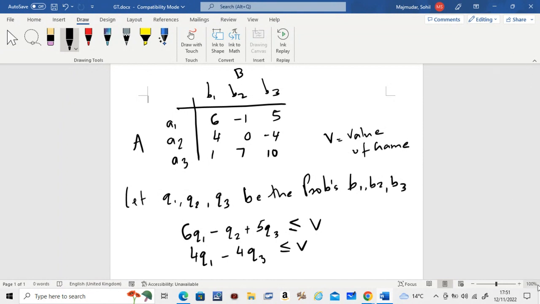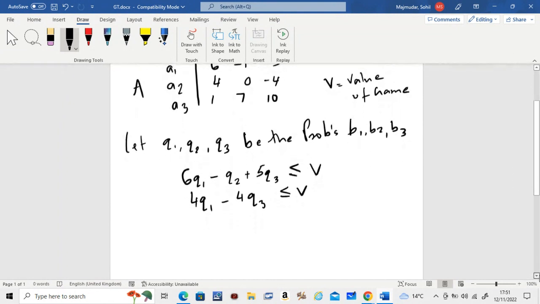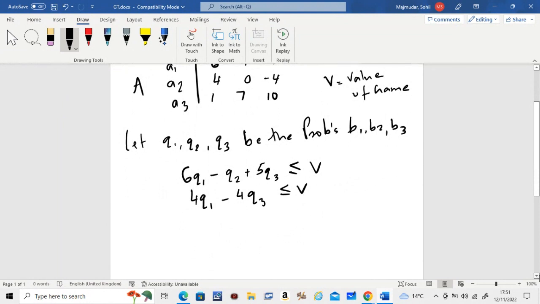And similarly, the third equation will be 1Q1 or just Q1 plus 7Q2 plus 10Q3 less than or equal to V. And remember, all of the probabilities should always add up to 1. Okay, so this is the beginning of the linear programming problem.